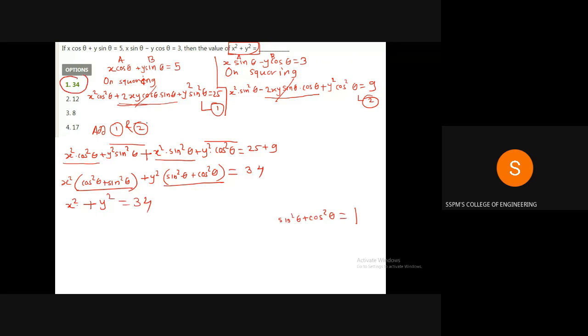That will be the correct option. So that is how you calculate such values. The given terms had no square terms; x square or y square was not present in the given terms, but the question was asked on square terms. So we have to square the given terms and then proceed.